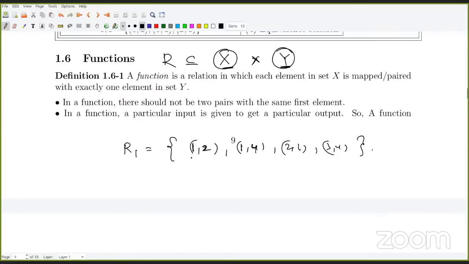If I give you a relation, you should check that there are no pairs with the same first element. Here I have two pairs with the same first element, which is 1. 1 is mapping to 2, 1 is mapping to 4, 2 is mapping to 3, 3 is mapping to 4. So 1 is mapping to two different elements. Therefore this is not a function.